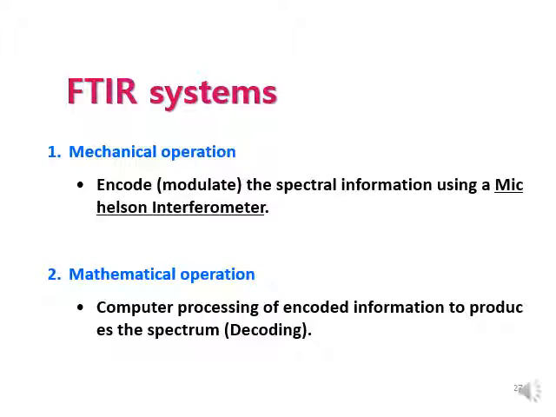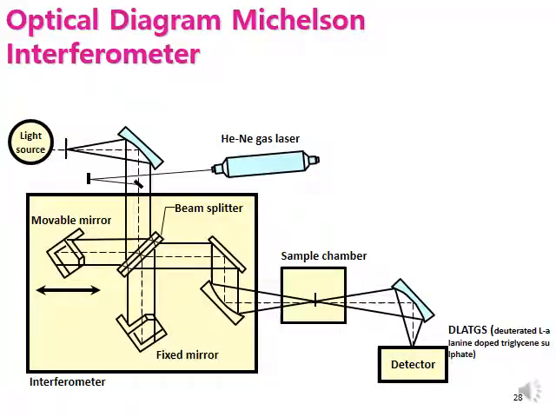Here is the optical diagram of a Michelson interferometer. From the light source, the light passes through the mirror and goes to the fixed mirror and movable mirror. We also have the beam splitter in the interferometer.